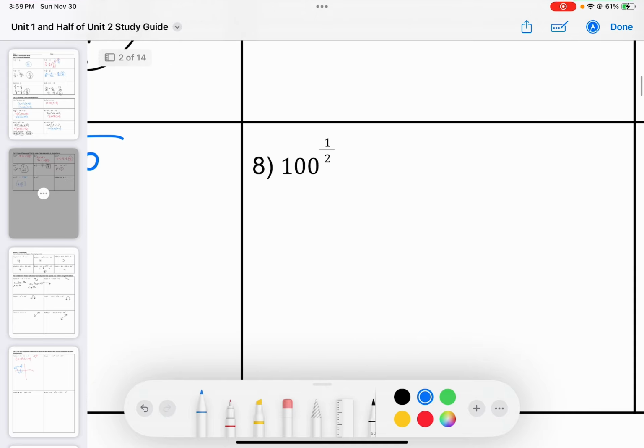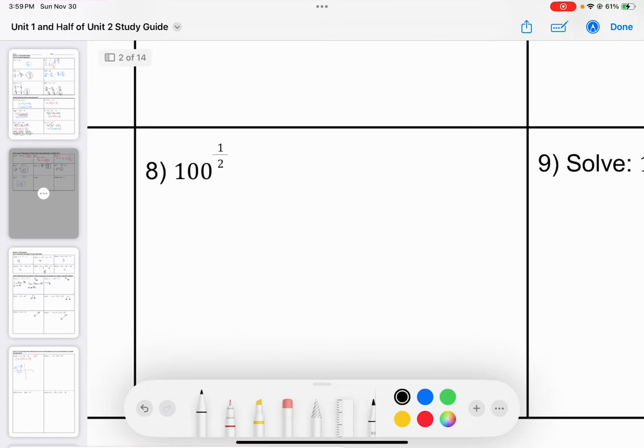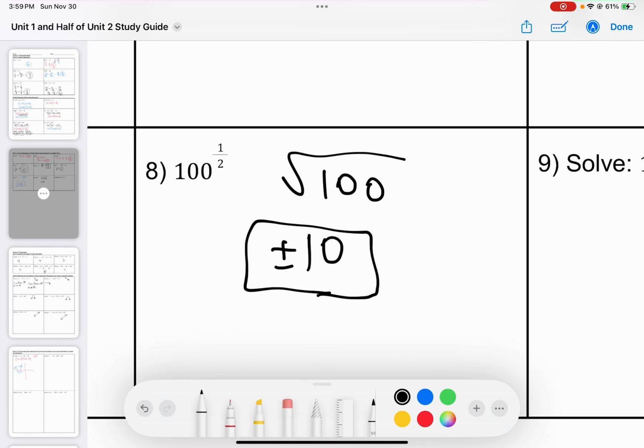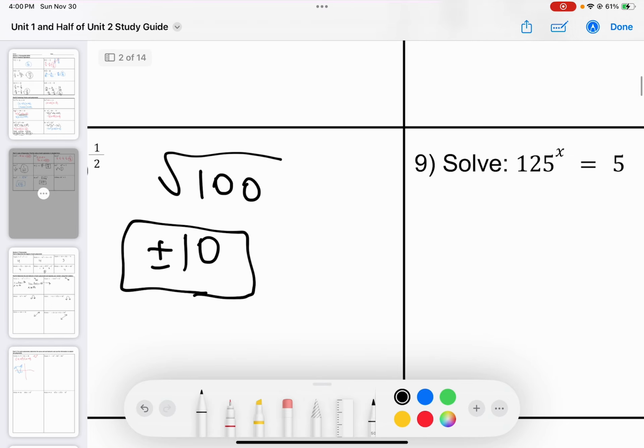That does not simplify. This means 100 to the 1/2, or the square root of 100. And obviously that is positive 10 or negative 10 right there. Don't forget that it should be plus or minus 10.